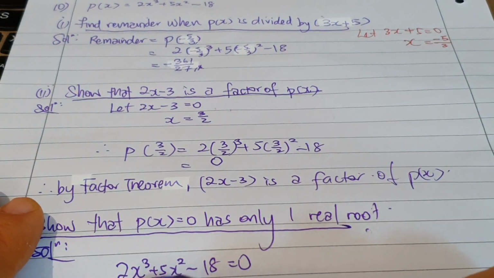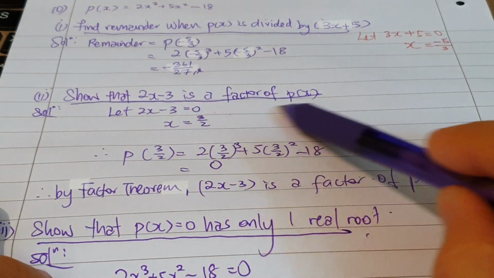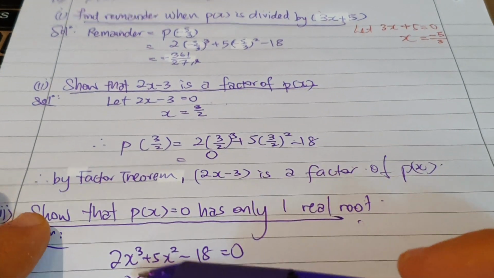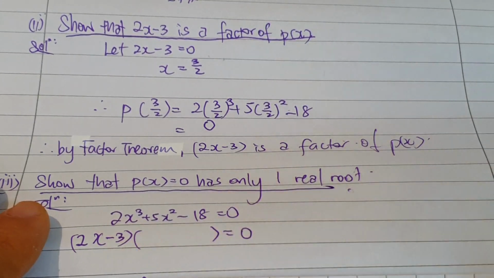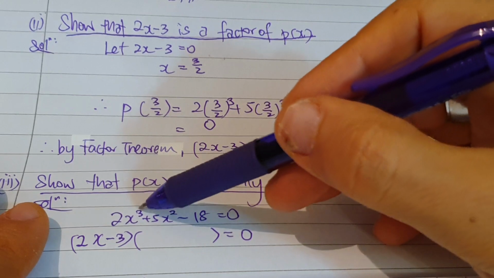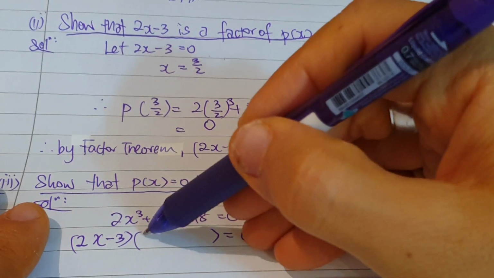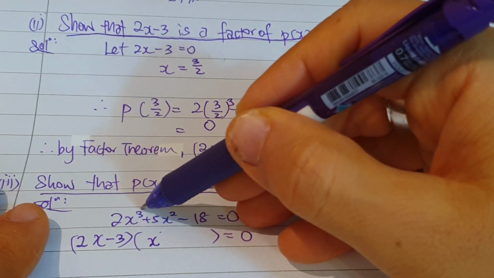You have to understand that in the earlier part, they're actually hinting to you that this is a factor. So you use that as a factor. Now, how do you find this other part here? You take a look, this is a cubic equation. Cubic means power 3, the degree is 3. This is degree 1. So you definitely have to have an x squared here to give you this 2x cubed.